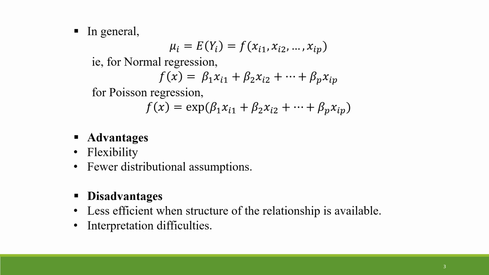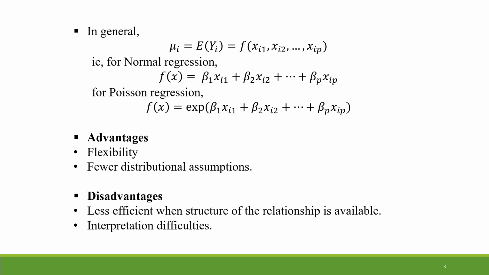Next, we are discussing the advantages and disadvantages of non-parametric regression. Non-parametric regression is very flexible. If we don't have any past information about the data, that is, the form of the data like linear, squared, cubic, etc., non-parametric regression is more flexible.